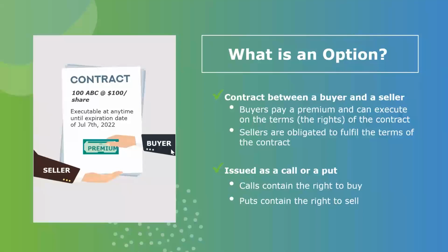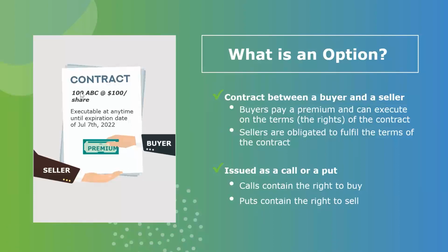So going back to basics here, what is an option? An option is simply a contract between a buyer and a seller. Buyers pay a premium and can execute on the terms or rights of the contract. Sellers are obligated to fulfill the terms of the contract itself. So on the left-hand side, we have an example of an option contract. We have 100 shares of ABC at $100 per share.